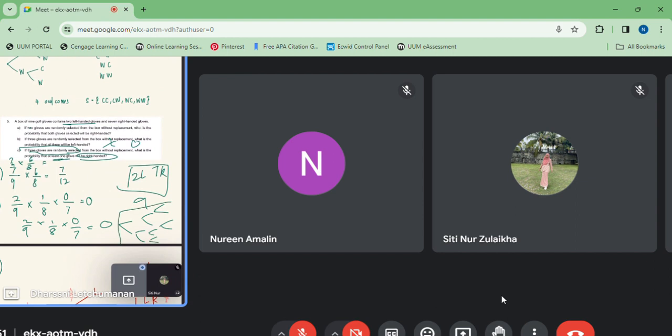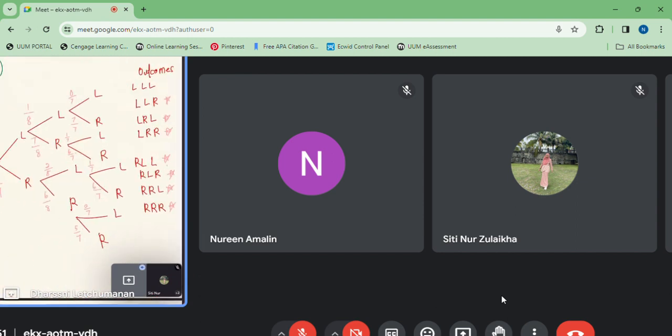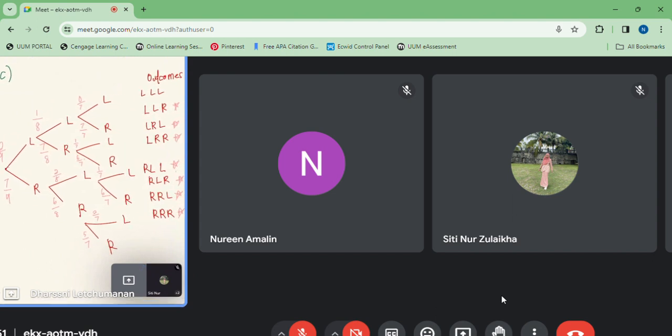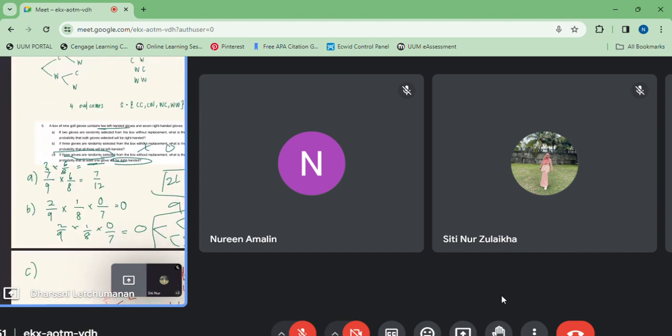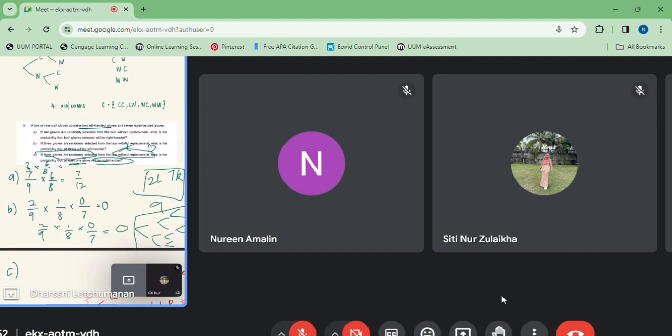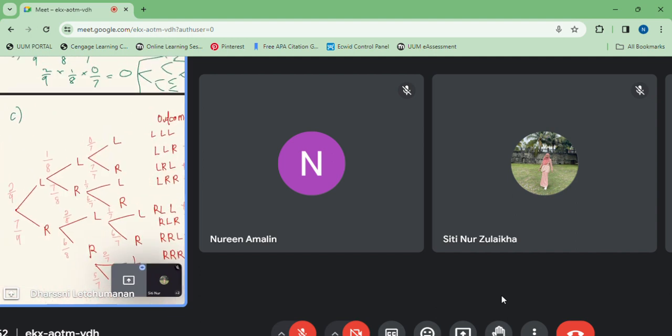This is how the tree diagram will look. They said without replacement, which means the numbers will reduce. Unless they said with replacement, then it will become 2 over 9 again, here also 2 over 9 again. Since they said without replacement, they don't put it back, so the numbers will reduce.